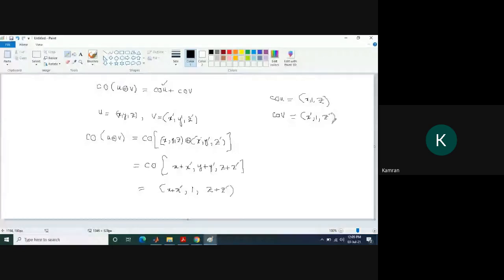Then c dot u plus c dot v must be equal to x plus x prime.